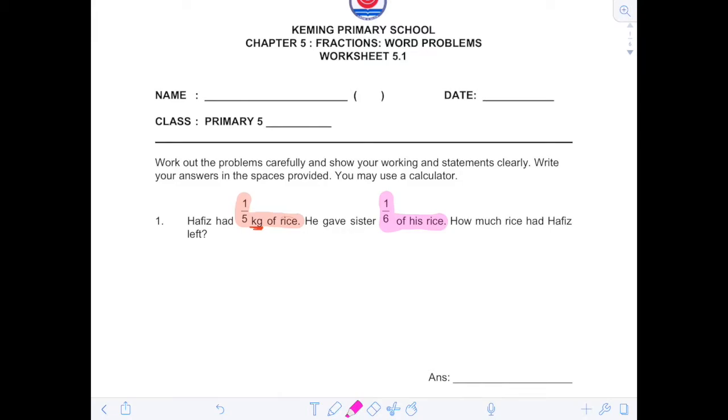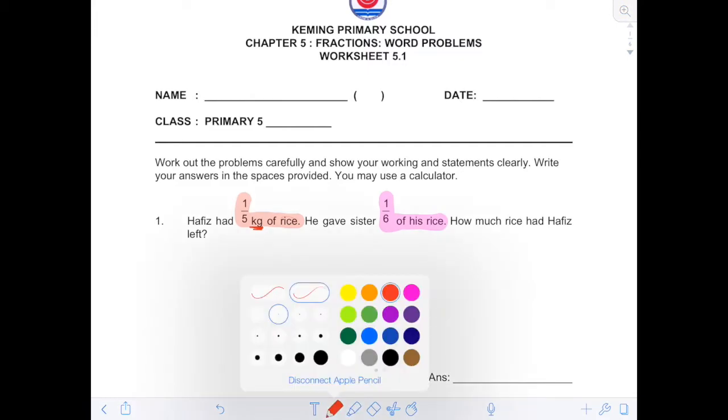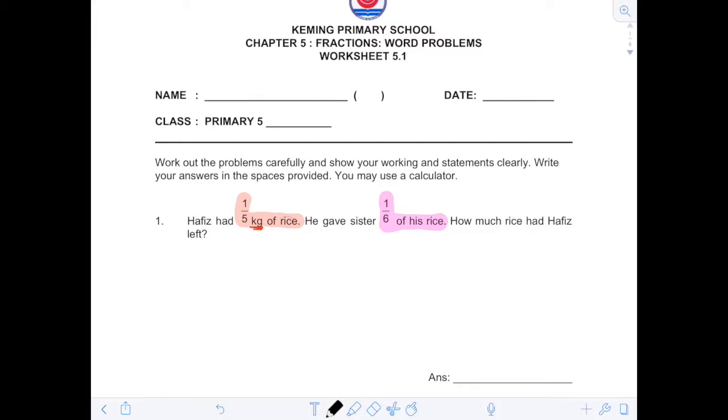It's 1 part out of 6. So let's start with this. Hafiz had 1/5 kg of rice. That's a quantity. He gave his sister 1/6 of his rice. If I'm going to draw a model, you only draw it for the one of the parts. Quantities, you don't draw a model. So it will look something like this. Draw a model, and this is Hafiz.